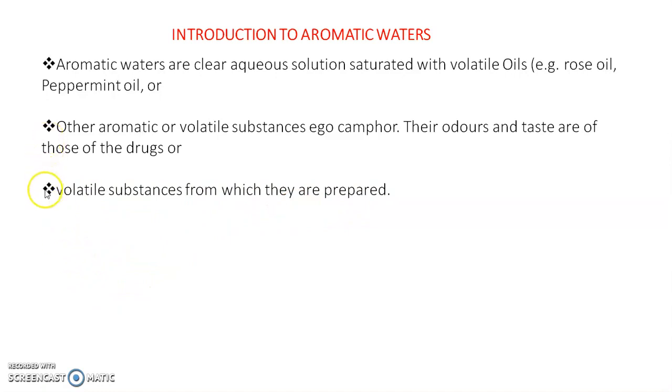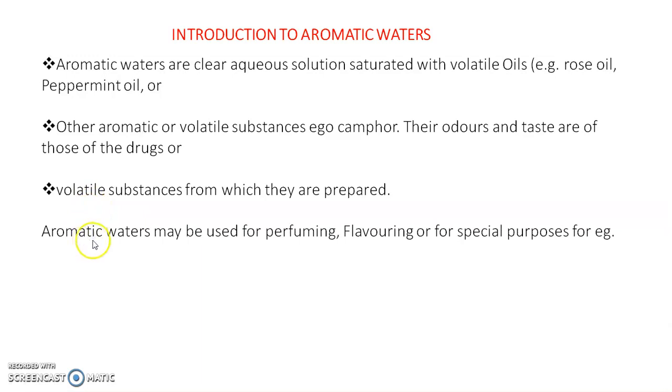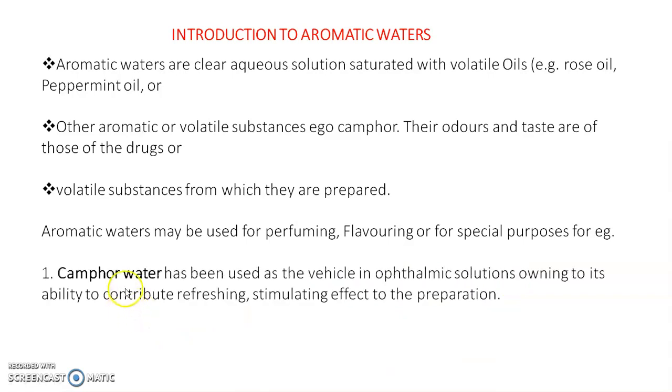Aromatic waters are basically made from the volatile substances. Aromatic waters may be used for perfuming, flavoring, or special purpose. Example of aromatic water, first we see the camphor water.